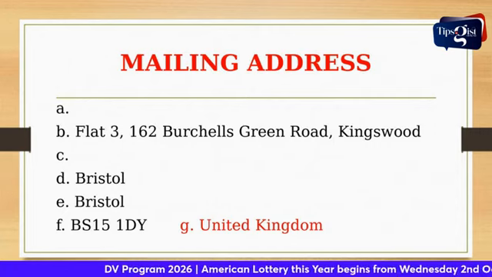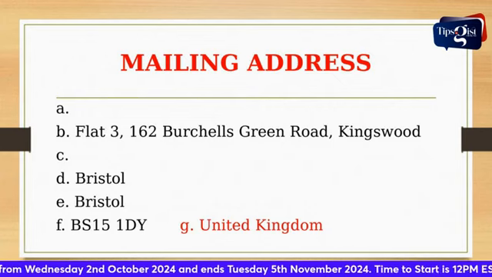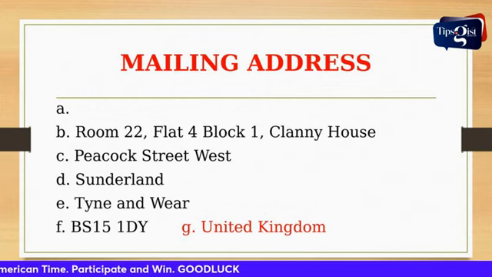Then the D is the city or the town, Bristol. Then the E being the county. In the UK, we don't say district or region, we say county. So E is Bristol as a county. Then the F is the postcode. So you can see BS15 1DY as the postcode, and the G is the country, that is United Kingdom. Another example is a mailing address. So you can see room 22, flat 4, block 1, Clanny House.